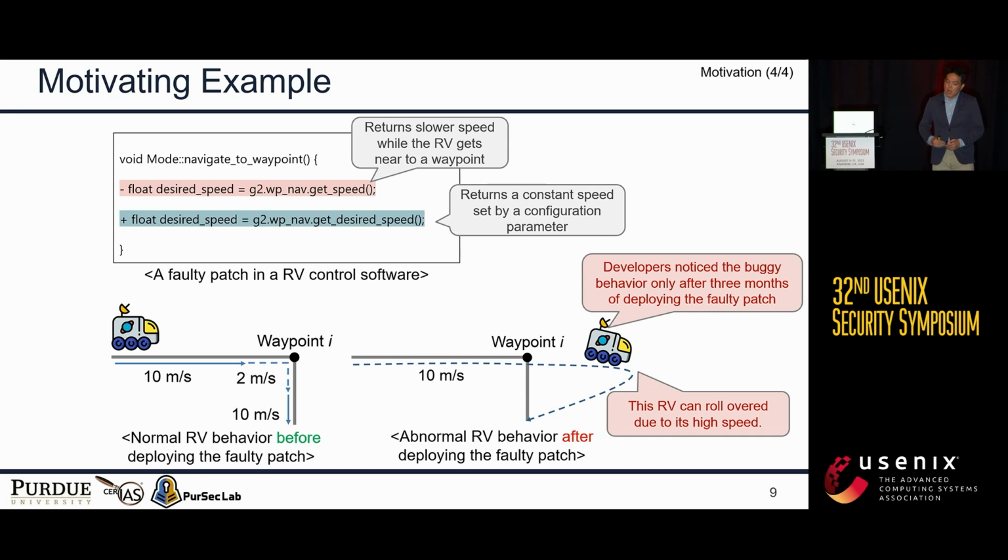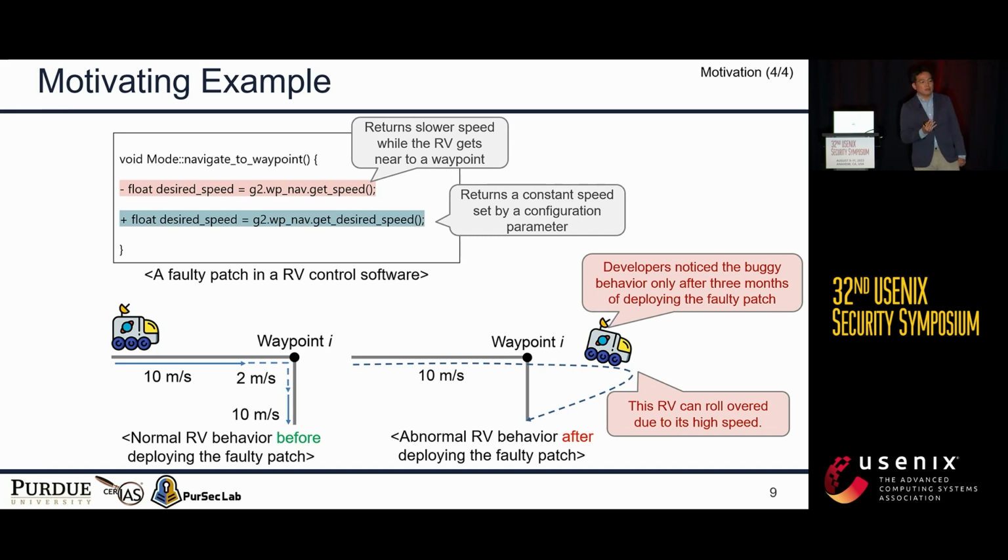As a result, after we deploy this faulty patch, this vehicle failed to decrease its ground speed at the corner and started to deviate from the planned navigation path. Unfortunately, this is dangerous physical behavior because this vehicle can roll over due to the high speed at the corner. One interesting fact is that developers noticed this buggy behavior after 3 months of deploying this faulty patch.